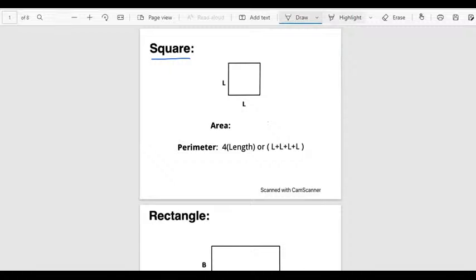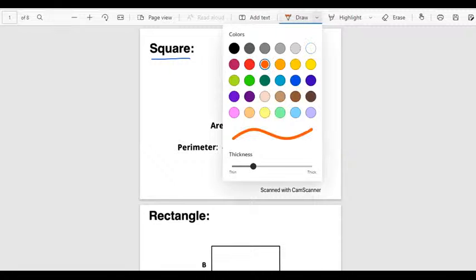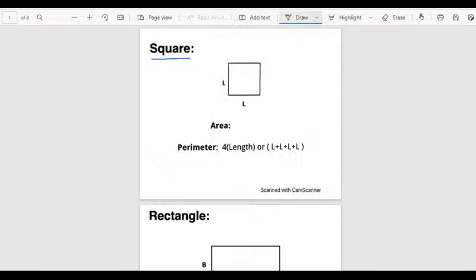So we multiply length with length and that gives us the area. So that would be L squared. Area of a square is L square. Square has all sides equal. So if you have any of the sides, just multiply that with itself and that would give you the area. That is simple. The perimeter would be the sum of all the sides. So L plus L plus L plus L, or just do 4 multiplied by the length.